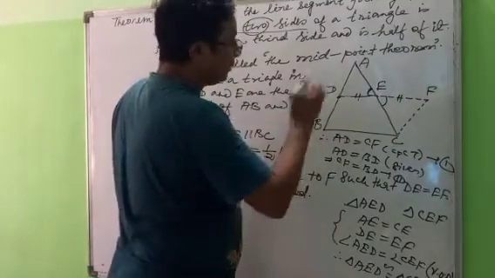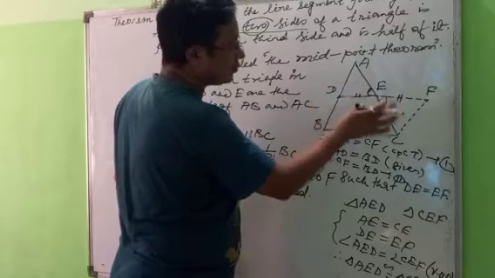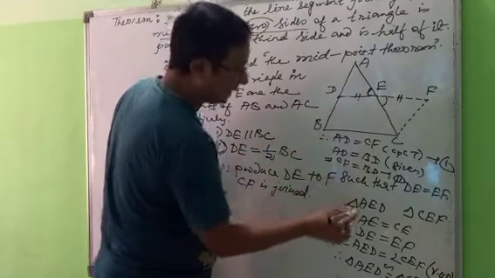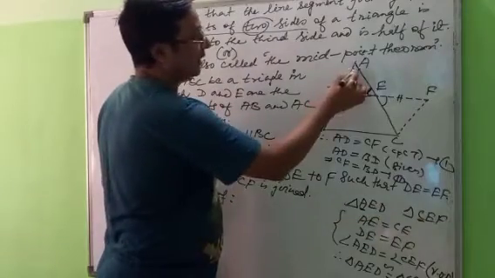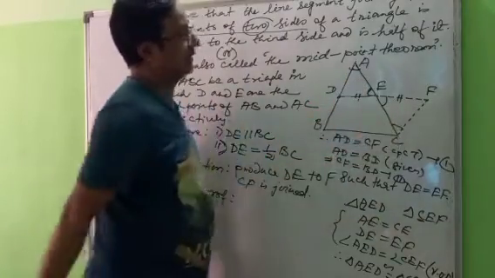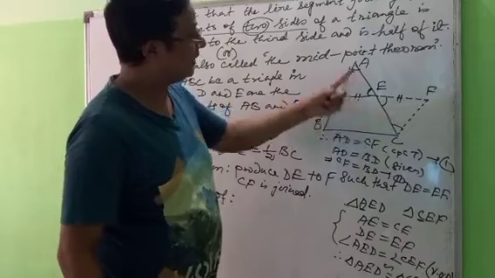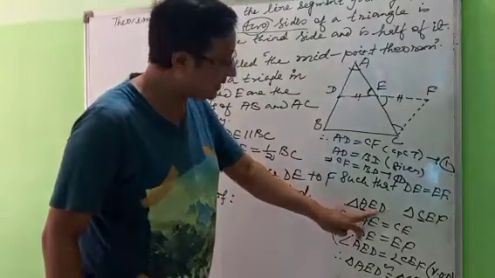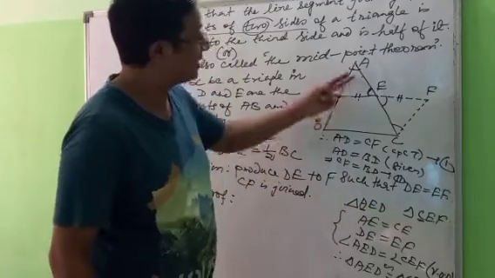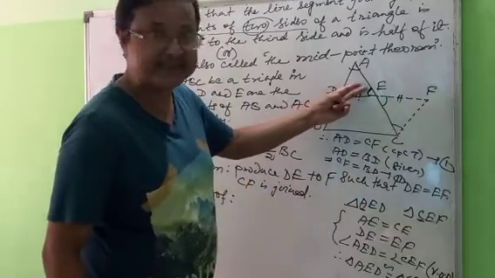Then, as these two triangles are congruent, angle A corresponds to angle C. So these two angles will be equal by CPCT because you made triangle AED congruent to triangle CEF by SAS.